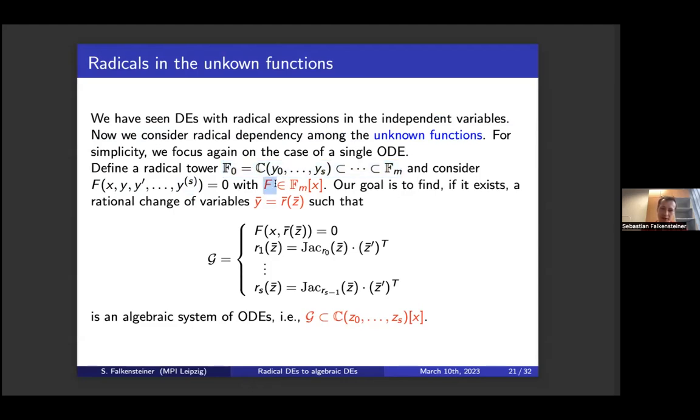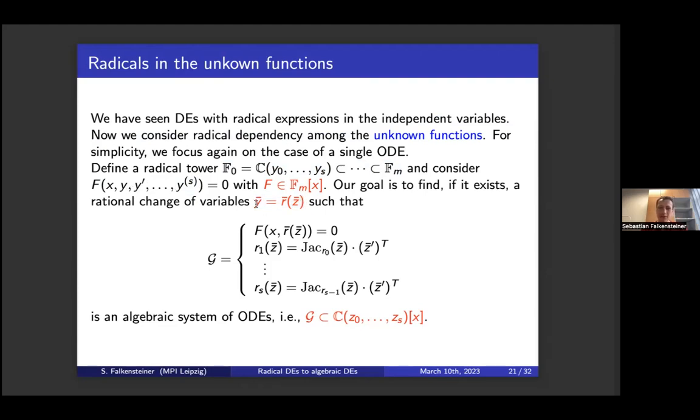Okay, and so we have an equation given here. The radical expressions do not mix x and y's. Here we just have radical expressions in the y's and not in the x. We now want to find a rational change of variables in these y's.